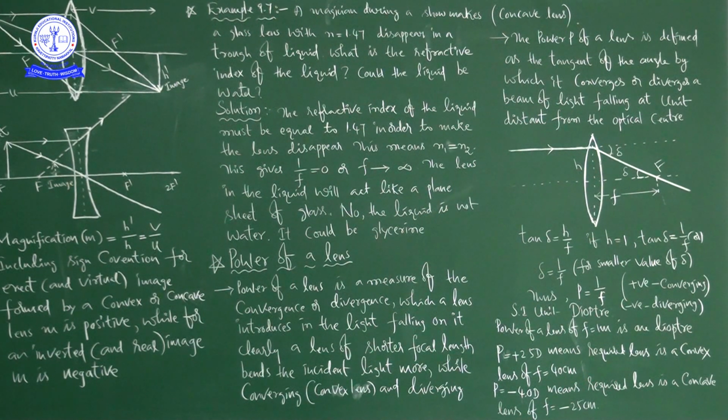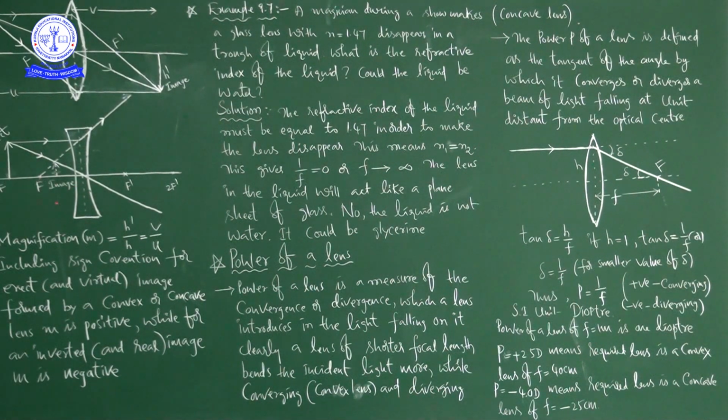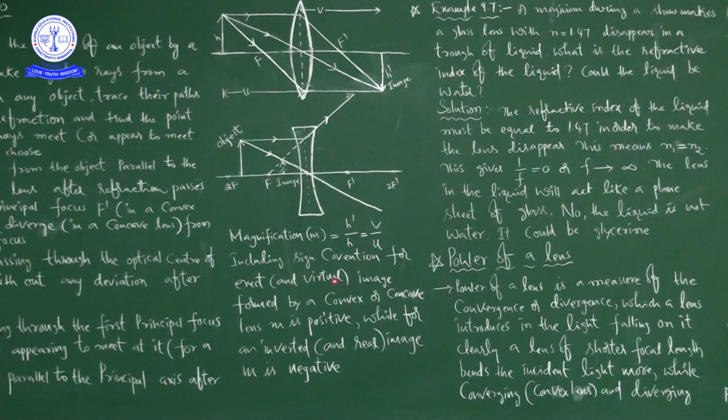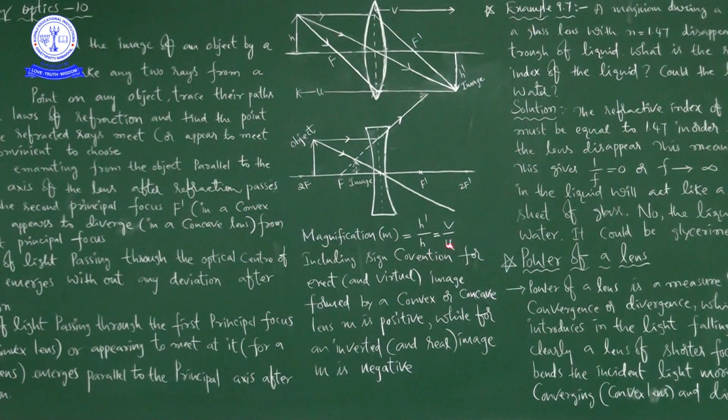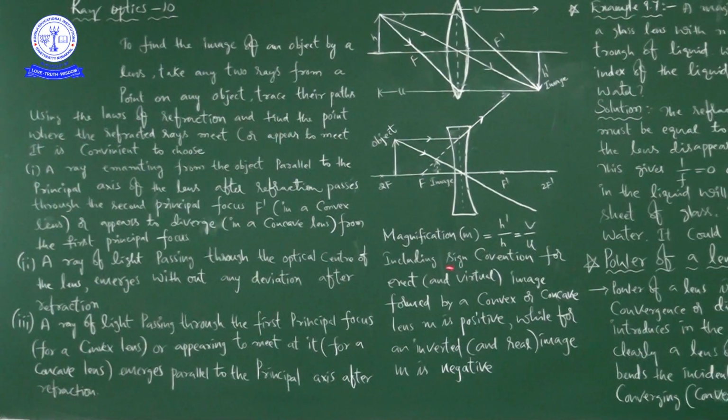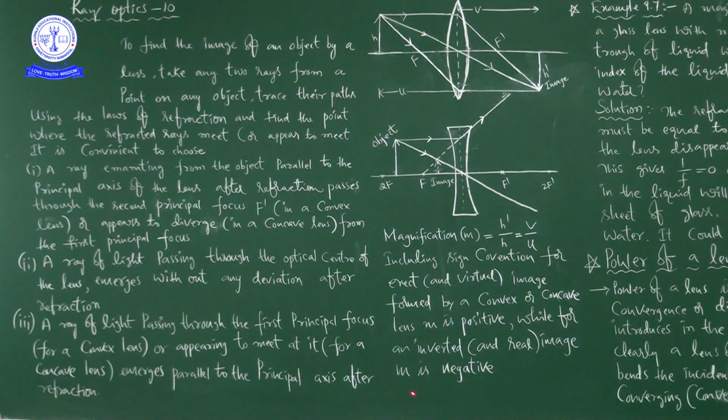Okay, right? So in this class, we focused on learning the rules to be followed while drawing ray diagrams. After that, what is magnification? Magnification is defined as the ratio of size of the image to the size of the object, or distance of the image to the distance of the object from optic center. Magnification is positive for erect and virtual image.